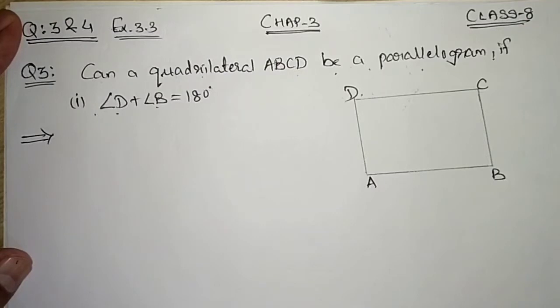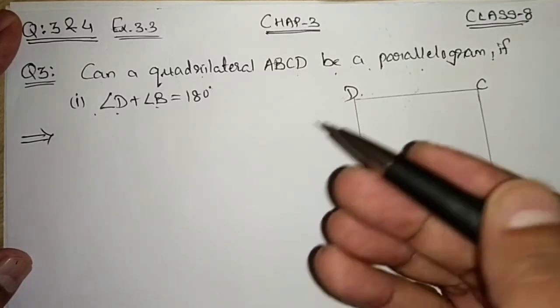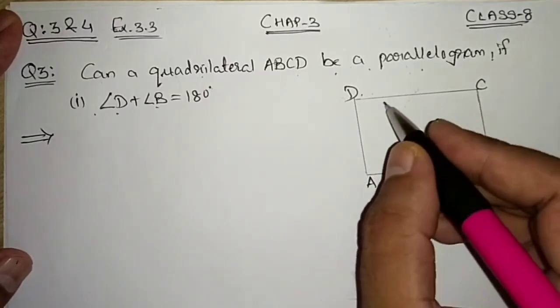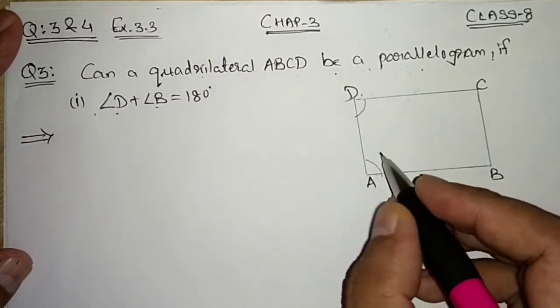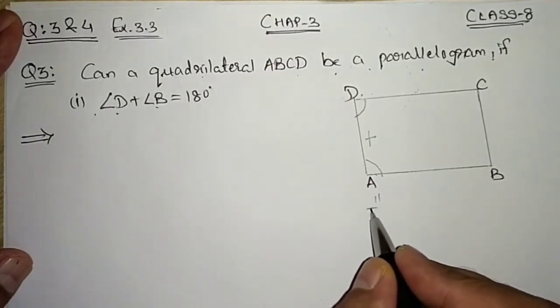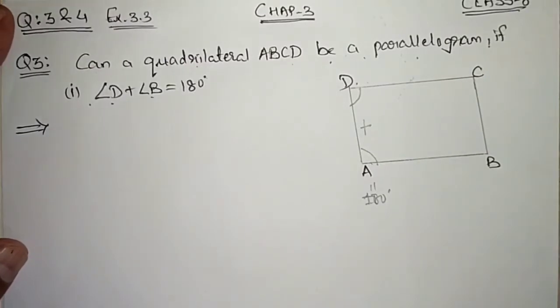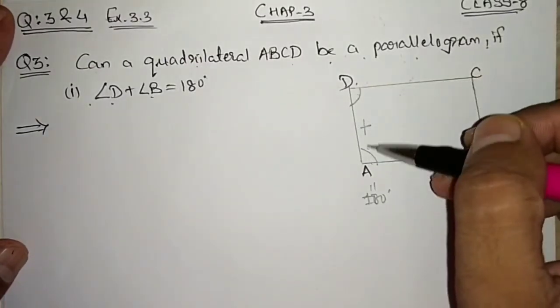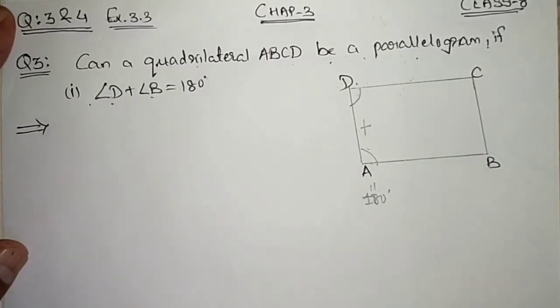They are asking us that given a quadrilateral ABCD, can it be a parallelogram if the measure of angle A and angle D, their sum is equal to 180 degrees? If you look carefully, these are the adjacent angles and their sum is 180 degrees. So it may be a parallelogram because adjacent angles are equal.